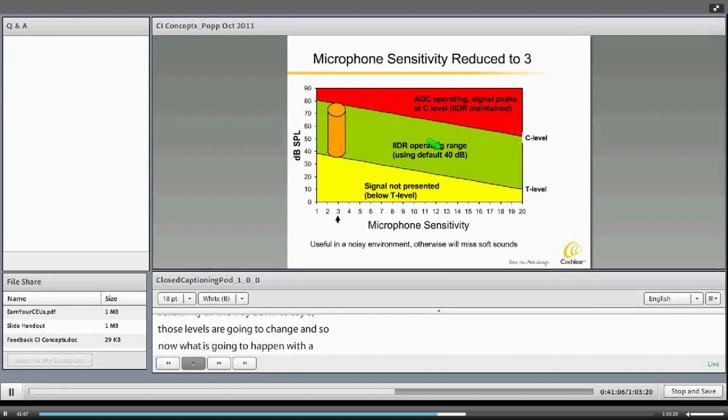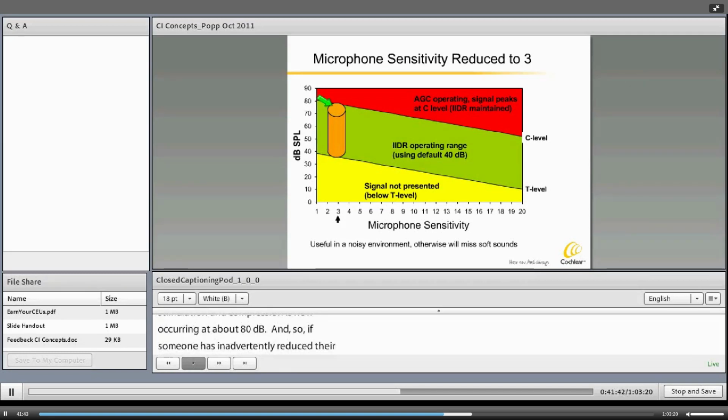If someone were to shift their sensitivity all the way down to, say, 3, those levels are going to change. With a dramatically reduced microphone sensitivity, the T level stimulation is going to occur at about 40 dB SPL. So the microphone of the processor is no longer picking up any sound below 40 dB.